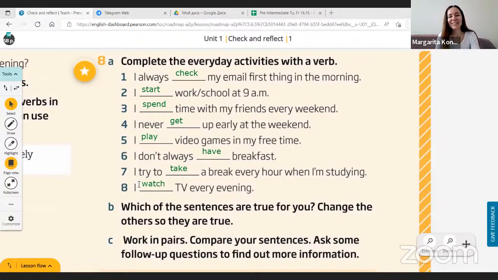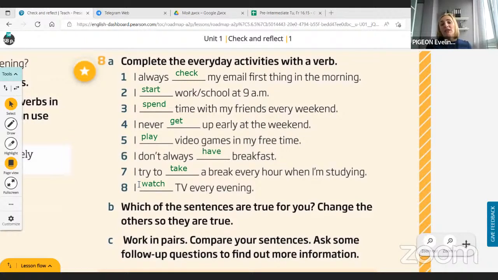Good. And I watch TV every evening. No, it's not true for me. I only sometimes watch TV at the weekend, and I don't watch TV really. I watch a film. What about you? Me too. I hardly ever watch TV.